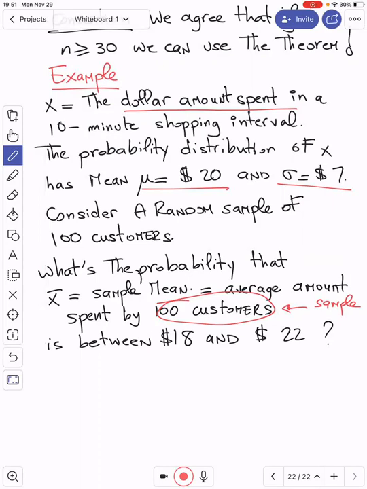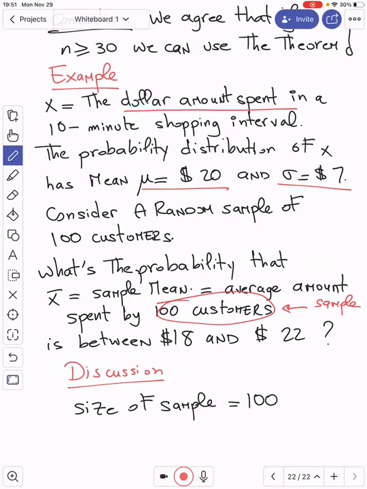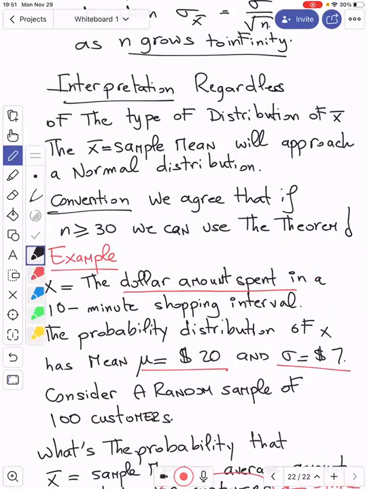So this is a discussion. The size of the sample is 100. Now 100 is larger than 30, and that's our convention: if the size of the sample is larger than 30, then we can just use our theorem.